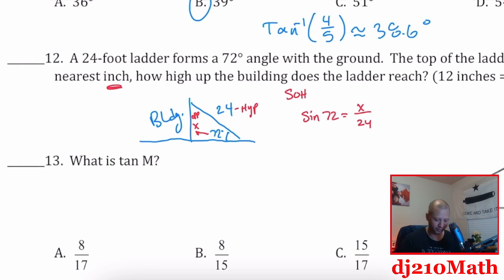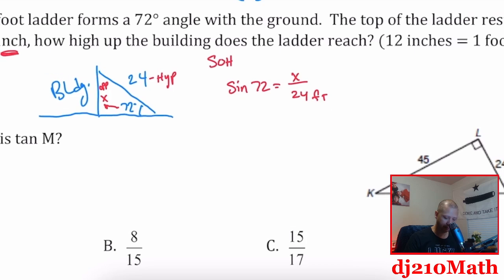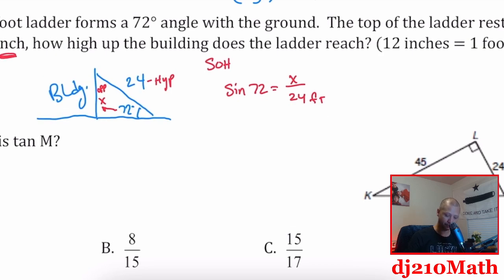But it wants it to the nearest inch, so we have to convert 24 feet into inches first. There's 12 inches in a foot. So 12 times 24 gives us 288. So really it's this problem, but with 288. Sine of 72 is equal to x over 288.